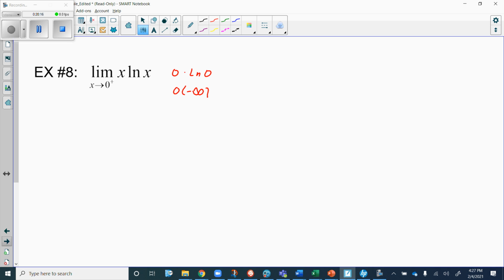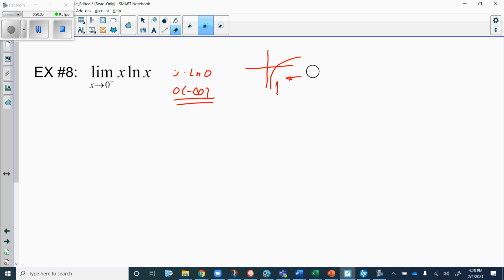So remember, your logarithm function is going to do one of these things. As you approach 0 from the right side, you head down towards negative infinity. So that's how we get the 0 times negative infinity expression here.